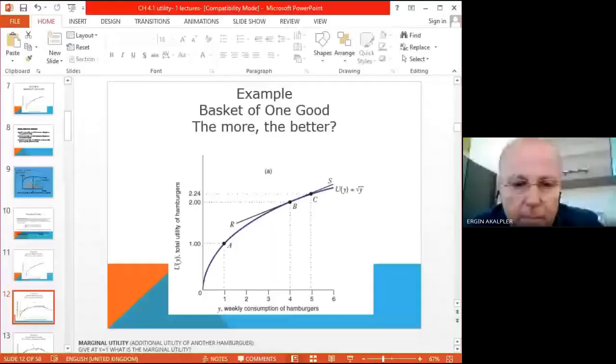But as you see, after 4, our utility and marginal utility are going to reduce. Total utility is increasing, but we have the following graphic. As you see here, there is a decreasing relationship in the utility.